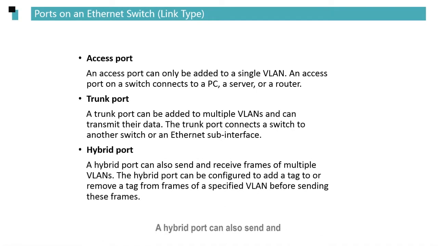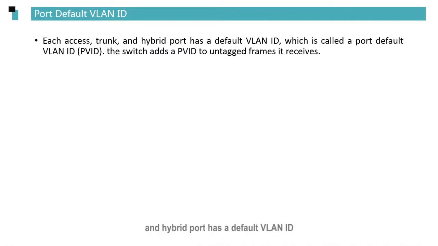A hybrid port can also send and receive frames of multiple VLANs. The hybrid port can be configured to add a tag to or remove a tag from frames of a specified VLAN before forwarding them. Each access, trunk, and hybrid port has a default VLAN ID, which is called a Port Default VLAN ID, PVID. The port adds a PVID to untagged frames it receives.